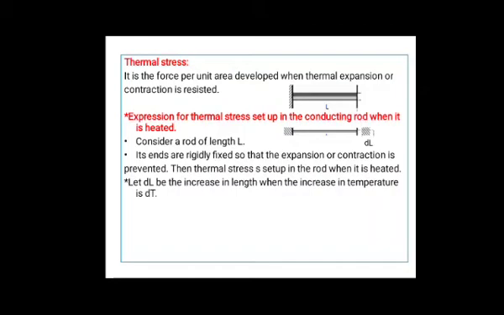If it is allowed to expand, then let dl be the increase in length and dt be the increase in temperature. Then let us take the expression for Young's modulus. What is Young's modulus? It is longitudinal stress divided by longitudinal strain.